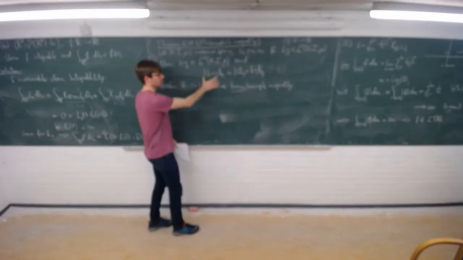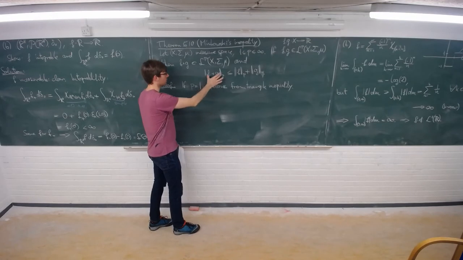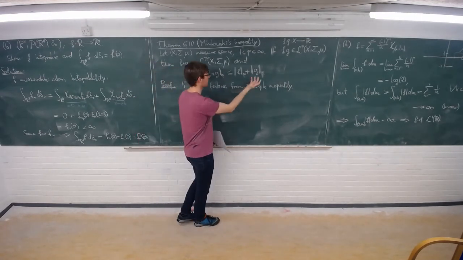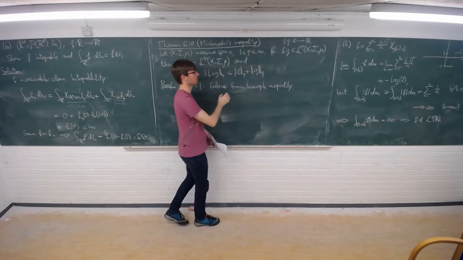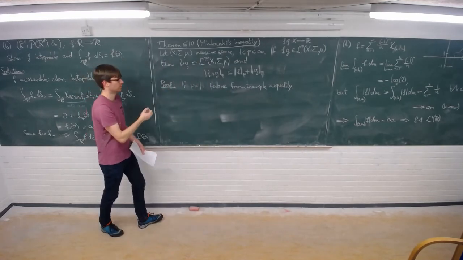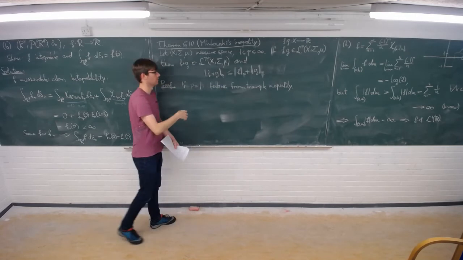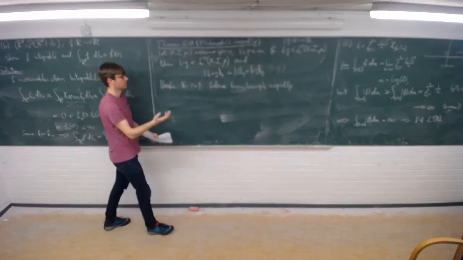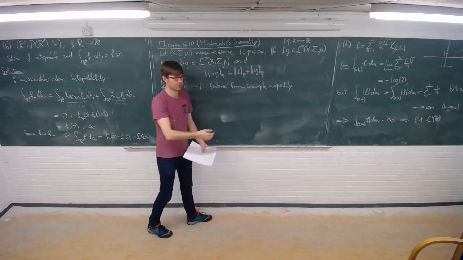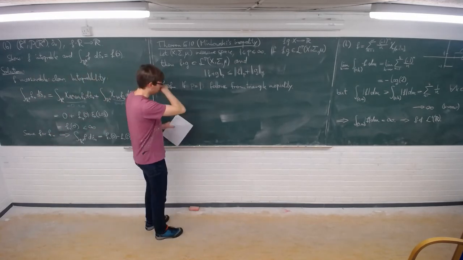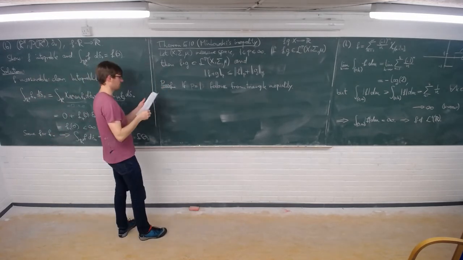Just because on the left-hand side you have absolute value of f plus g integrated. On the right-hand side you have absolute value of f plus absolute value of g. So this inequality just becomes the usual triangle inequality integrated on both sides. So for p equals 1, it's clear.